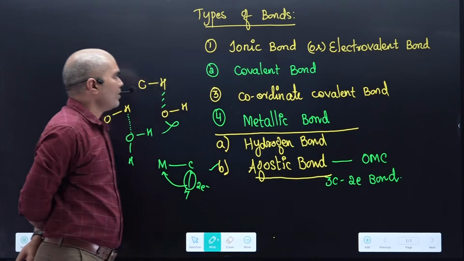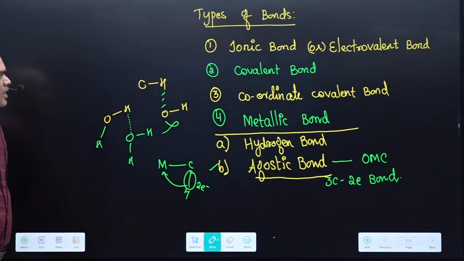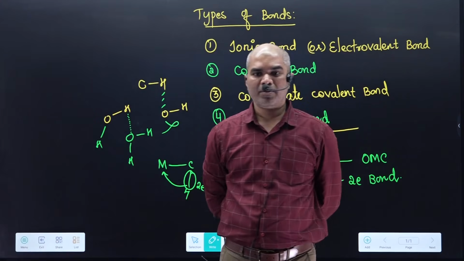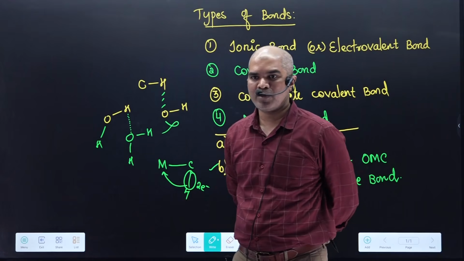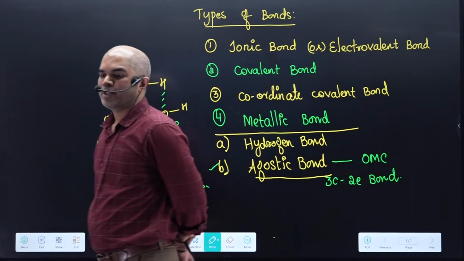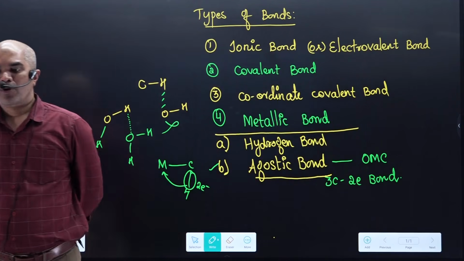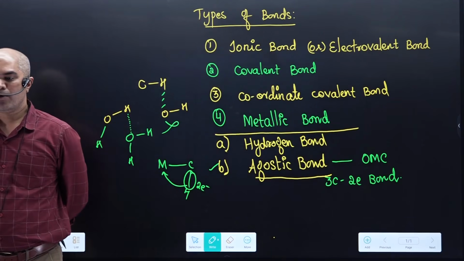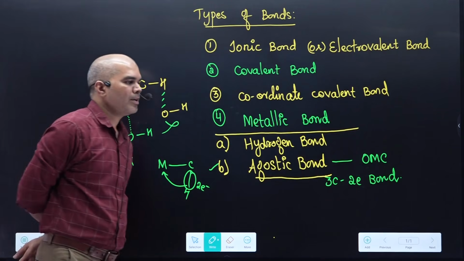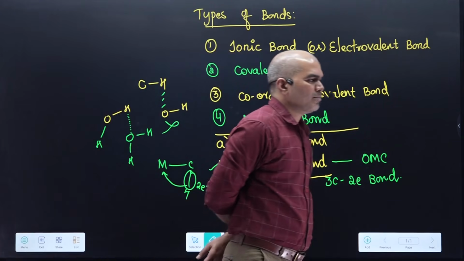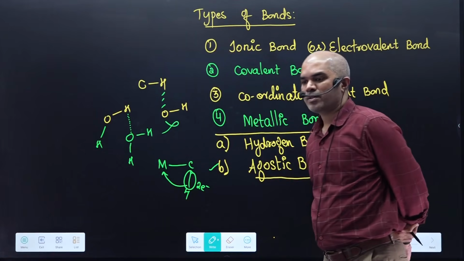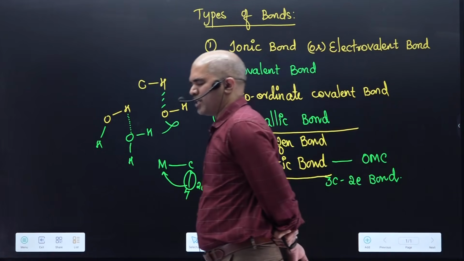Next, covalent bond. General terminology: a covalent bond is I give, you give, both will share, we will form a bond. That is for your remembrance purpose. Definition: bond formed by sharing of electrons. Please make a correction.